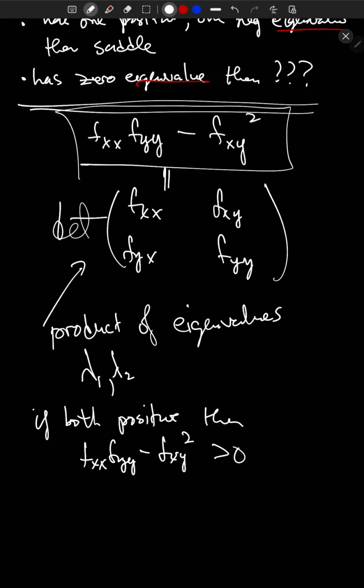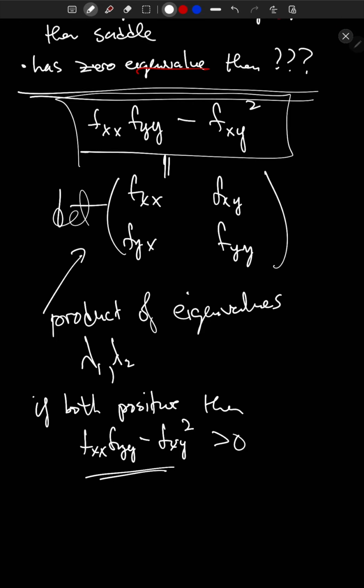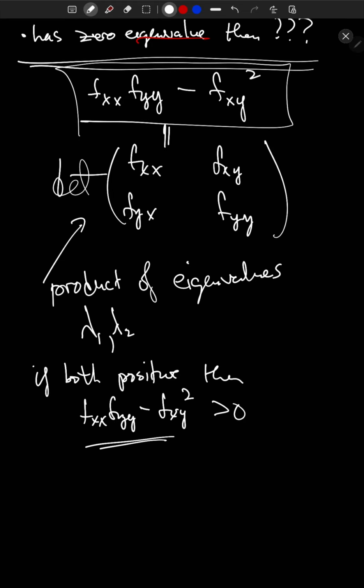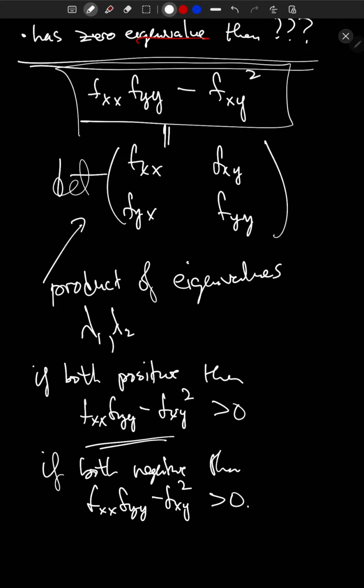So this is going to lead to our version of the second derivative test. If both of these are positive, then fxx fyy minus fxy squared is bigger than 0, because this would literally be lambda 1 times lambda 2, and we're assuming both are positive. If both are negative, then also fxx fyy minus fxy squared is positive.